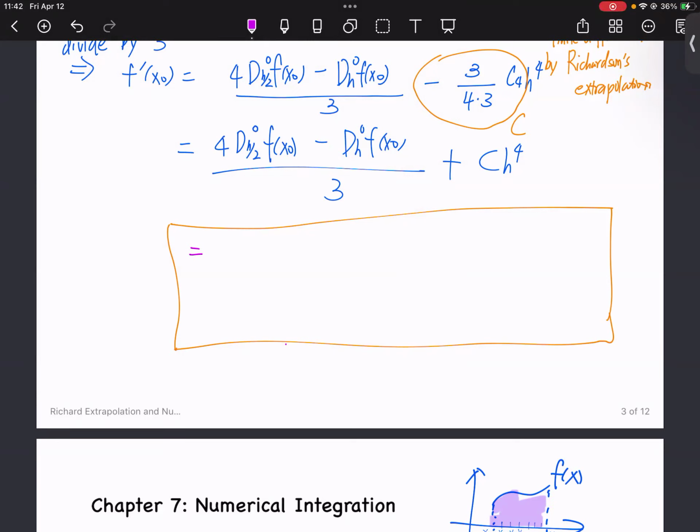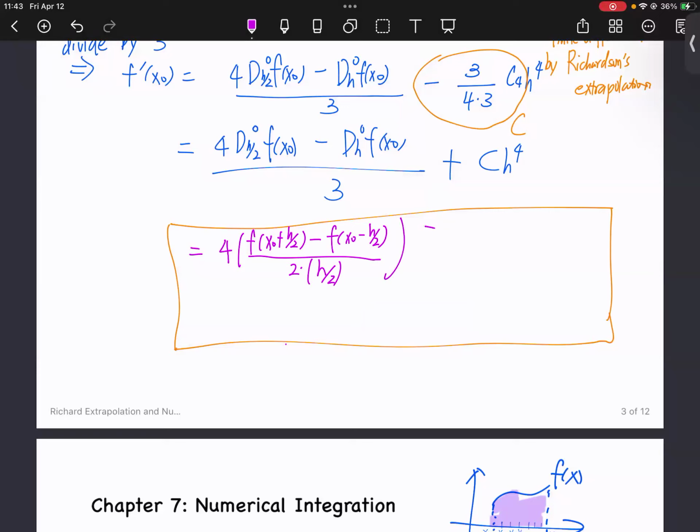For the first one, we got the 4, and then the standard difference formula with half the step size: f of x0 plus h/2, subtract f of x0 minus h/2, divided by 2 times h/2, which is just h.